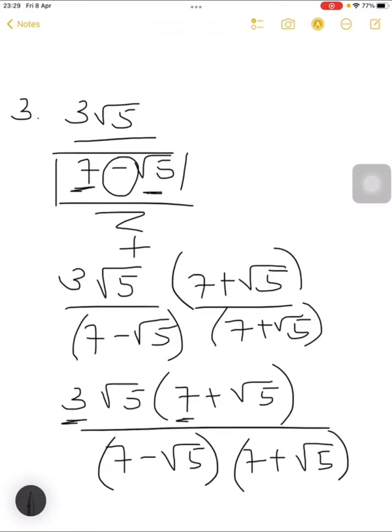But when we come to the 3 root 5 and root 5, we'll multiply 3 by the whole number, which is 1 here, and then root 5 you'll have to multiply with root 5. So this is how it should be.